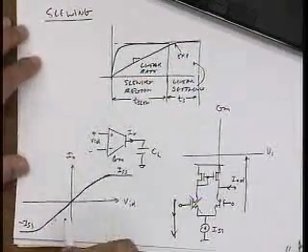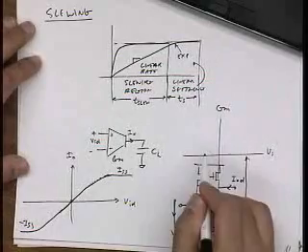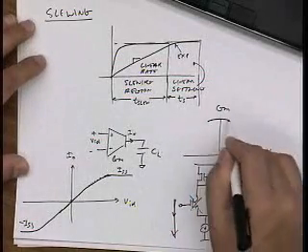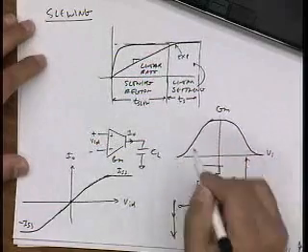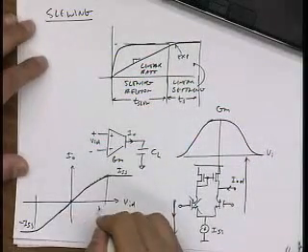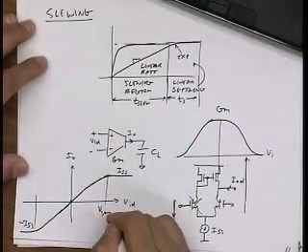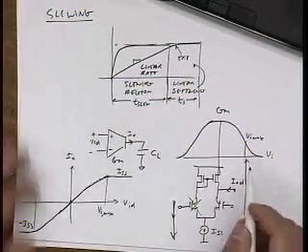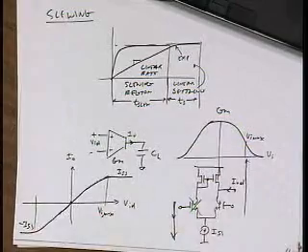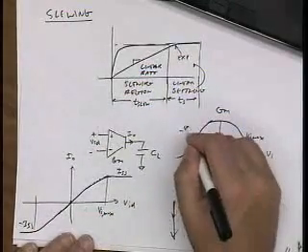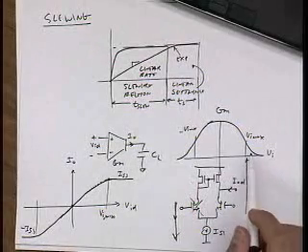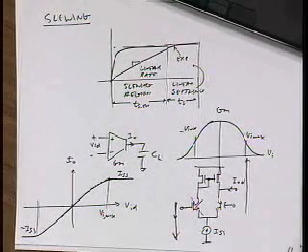So if I now observe that the GM of my system is just the derivative of this curve, then it's going to look something like that. And let's call this V in max. If the input is larger than some maximum value, this is minus V in max, because it's a symmetric system, then my GM goes to hell. I have almost no GM.